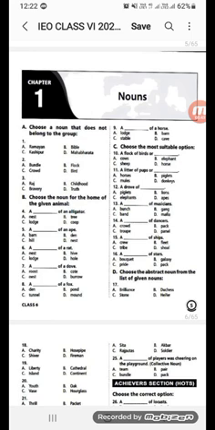Constellation means what? A group of stars, right? So in the Ursa Major constellation, how many stars are there? There are 7 stars. Yes, because we can number the stars.